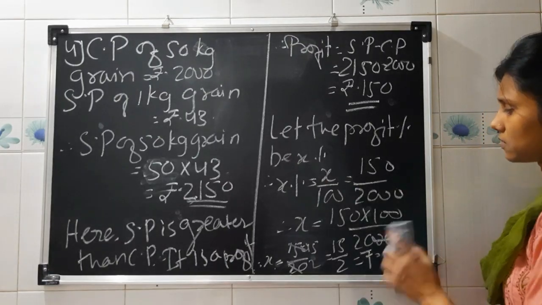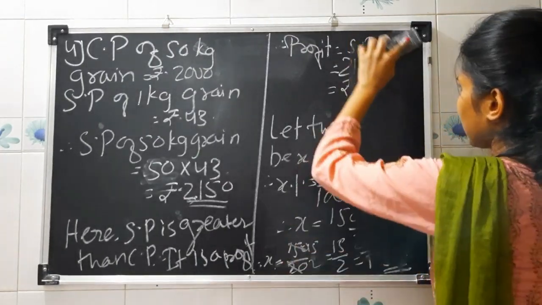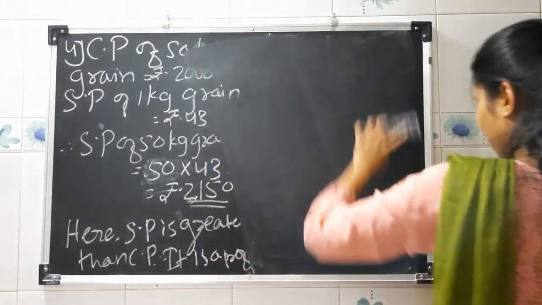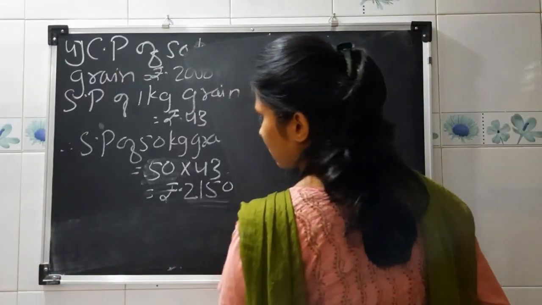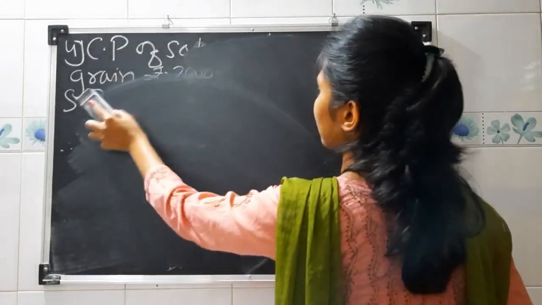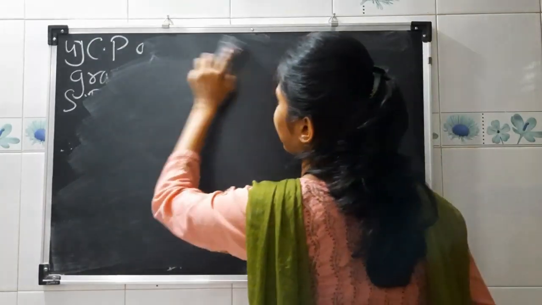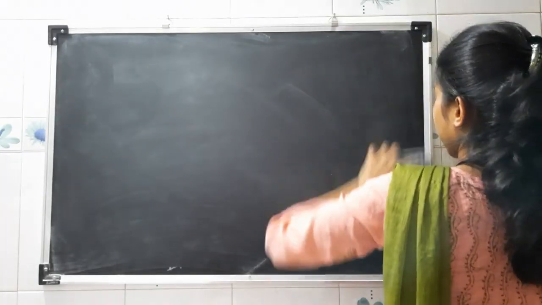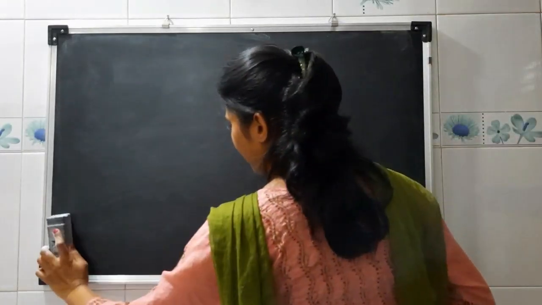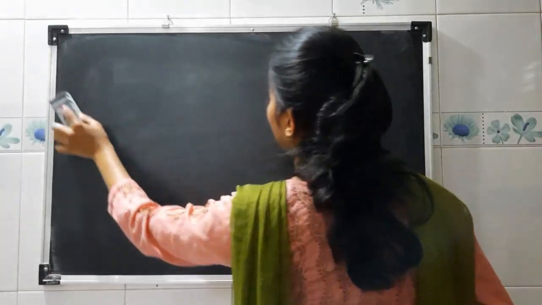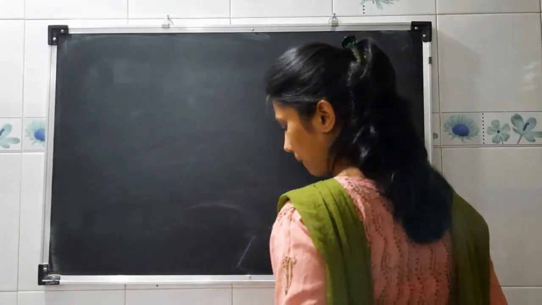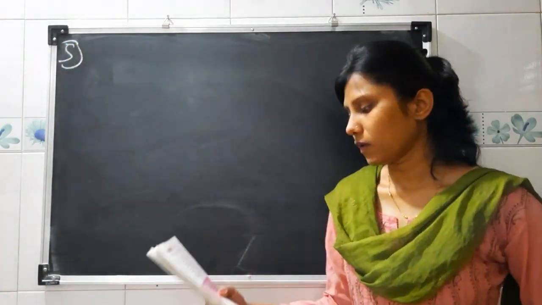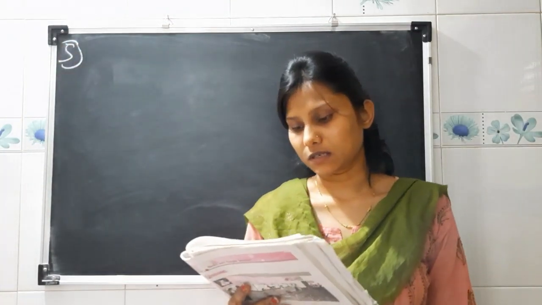Let us move to the next sum. Fifth one. Cost price rupees 8,600.